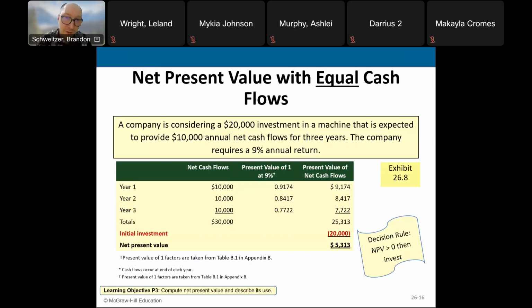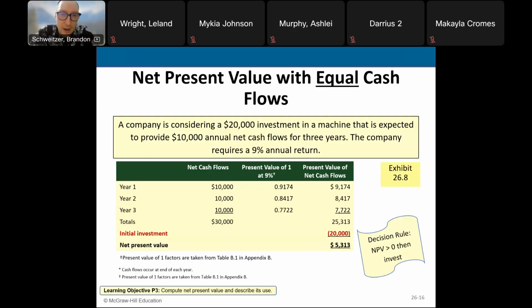We're considering a $20,000 investment, a new piece of machinery. We expect that to provide $10,000 net cash flow each year. We have an internal rate of return of 9%, interest rate 9%. Okay.